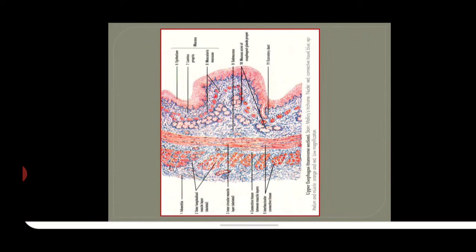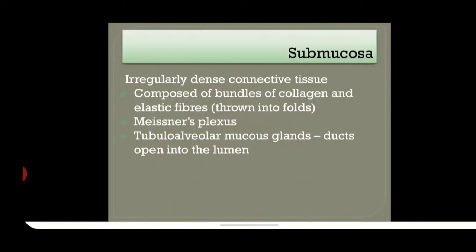So you can appreciate the submucosal glands in the image. The submucosa is made of bundles of collagen and elastic fibers, same as in every part of the GIT, having the Meissner's plexus. And these are tubuloalveolar, that is the shape of the glands, mucus glands. Their ducts open into the lumen.